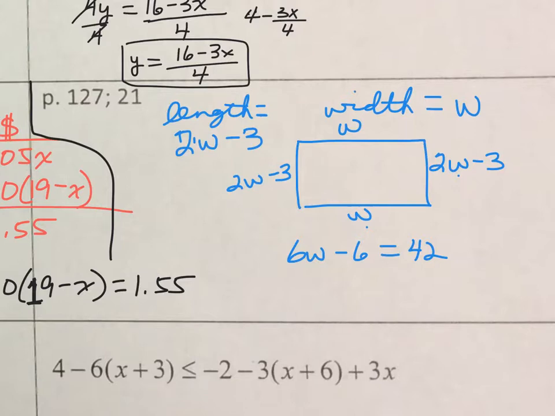How are we doing, class? All right, so add 6. Get those to cancel. So 6W is equal to 48. And divide by 6.